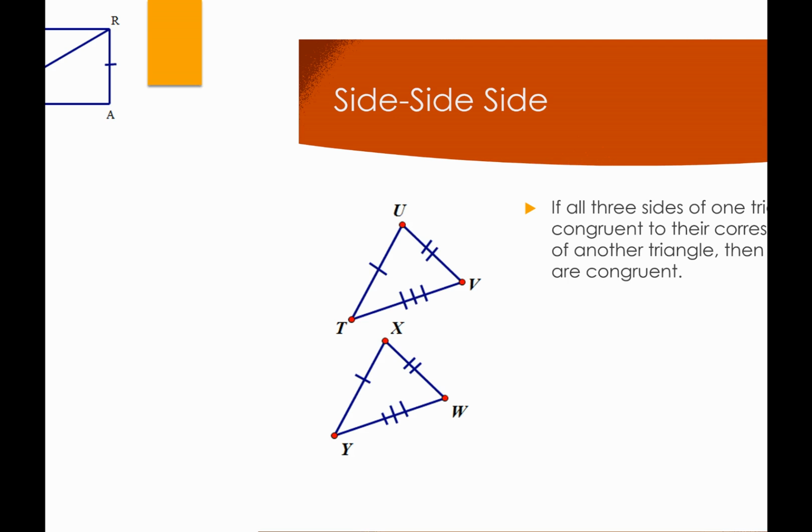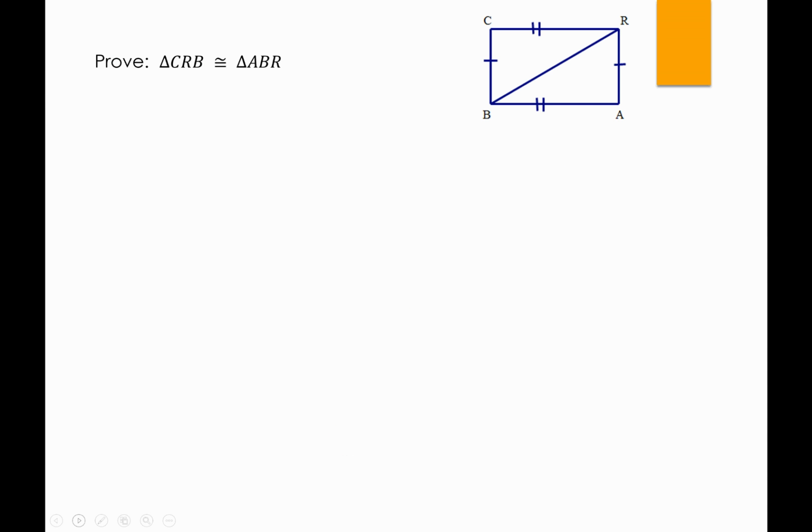So we can use this to prove that triangle CRB is congruent to triangle ABR. Now, I haven't stated any givens, but we have the diagram, and the diagram gives us the givens. So the first thing I want to do is state those.